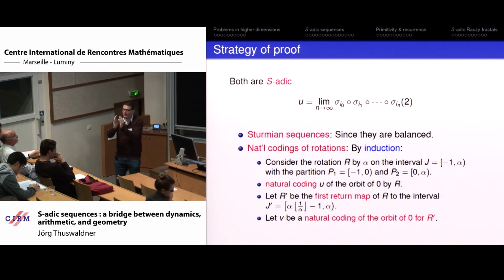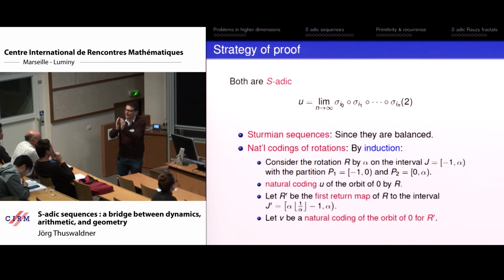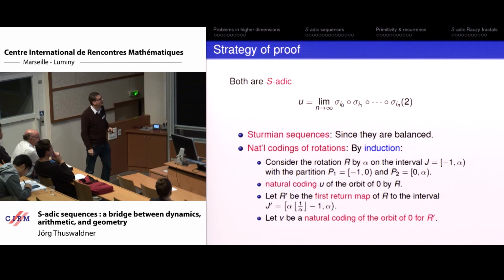And the interesting thing is, even what you get when you just look into the subinterval and you keep track of what the rotation does there, it turns out the rotation induces a rotation on this smaller subinterval again. And with the smaller rotation, you do the same. You induce an even smaller and smaller interval. And to get the intervals at the same size, after each step, you stretch them. So you renormalize so that you can see the rotation always at the same scale.